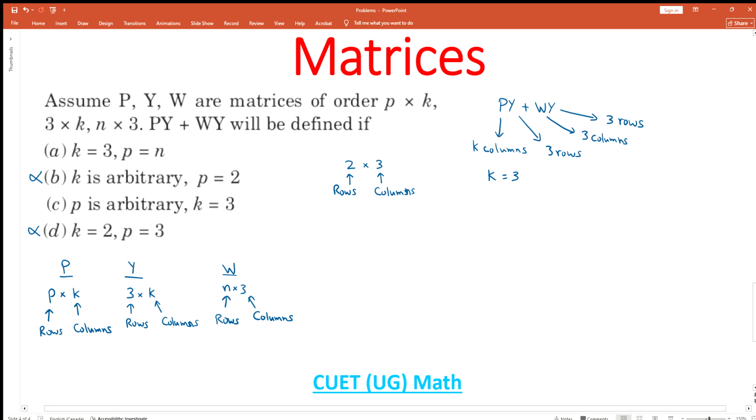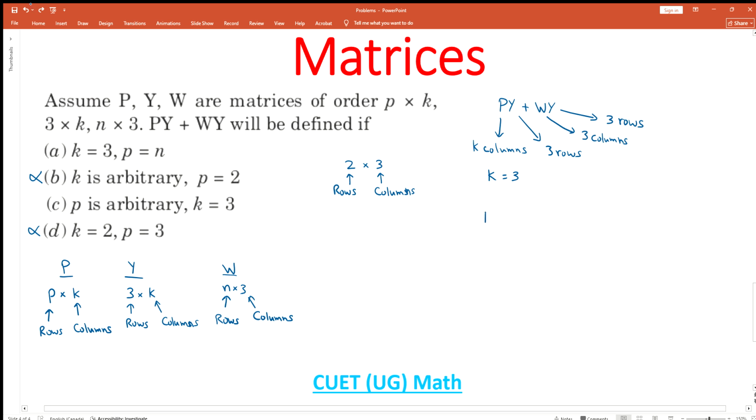Now we can analyze the sum of matrix products PY and WY. Matrix product PY will have the same number of rows as matrix P and same number of columns as matrix Y, because in matrix product PY, matrix P is the first matrix and matrix Y is the second matrix.